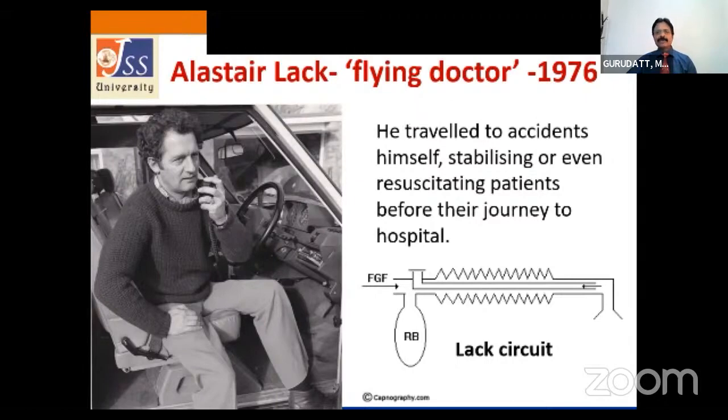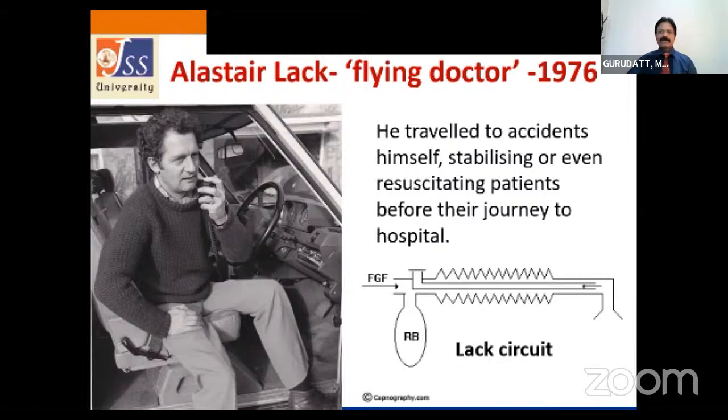He was a firm believer that wherever an accident happened, the first thing we have to do is attend to these patients there, exactly where the accident has occurred, because he already knew about the golden hour of trauma. He used to travel immediately there, stabilize the patients, and bring them to the hospital. That's why he was nicknamed the Flying Doctor.